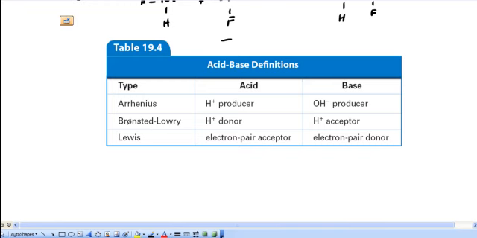They're simply broader definitions as you move in this particular direction. Every Arrhenius acid-base will be a Lewis acid-base. Every Bronsted-Lowry acid-base will be a Lewis acid-base. What we're simply saying is that this is a very specific definition and this is a very broad definition. Okay? That concludes 19-1.